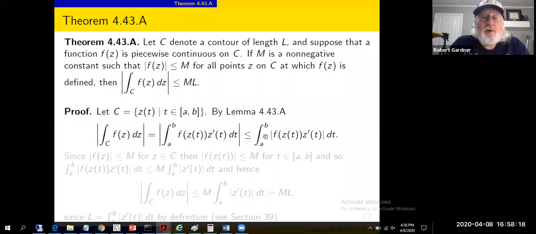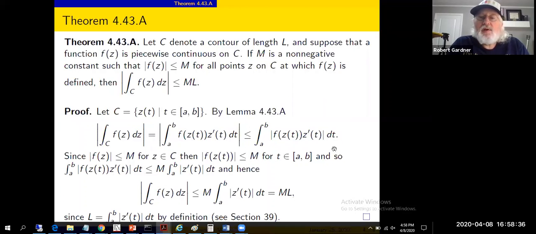That's exactly what we have here, where w of t is the function f of z of t times z prime of t. So take w of t and replace it with this in that previous lemma, and it produces exactly this inequality. We've converted the integral here into an integral there using the previous lemma.